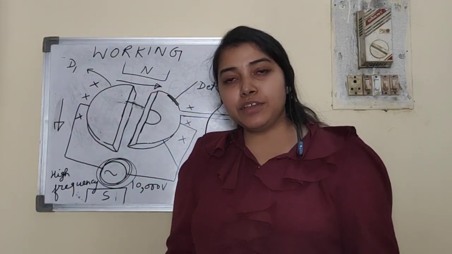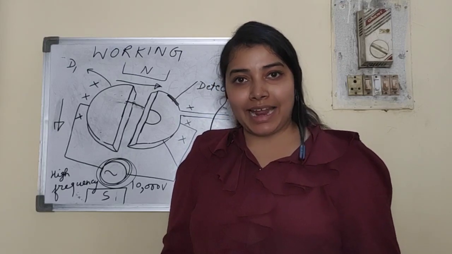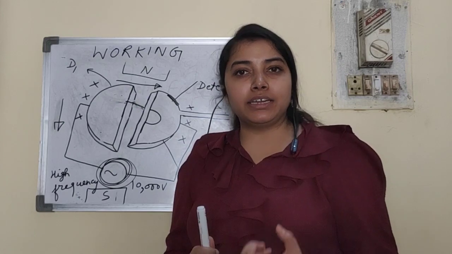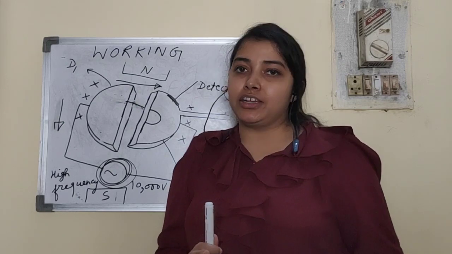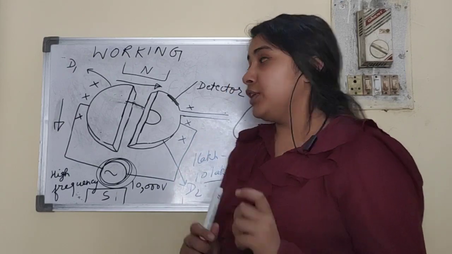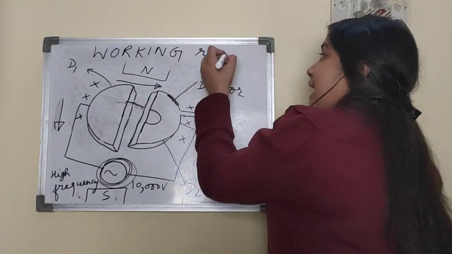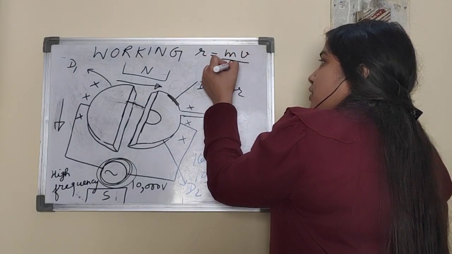Now, as we have discussed earlier, when the charged particle is present in the magnetic field, the magnetic field changes the direction of the charged particle and the charged particle starts moving in a circular path. Now, we have already discussed that the radius of that circular path will be mv by qB.